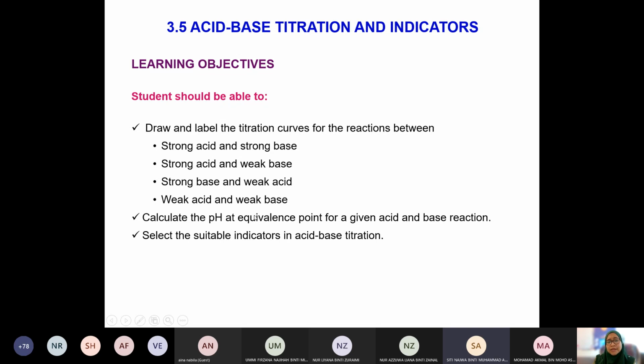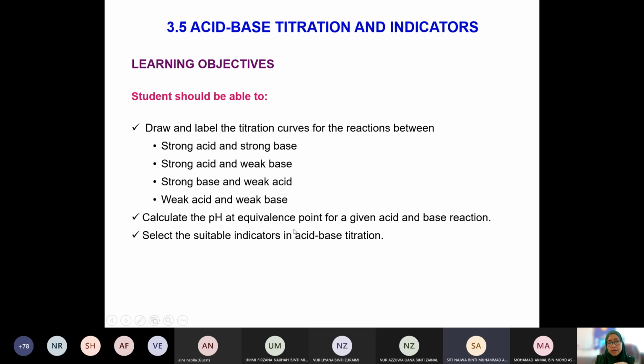Make sure that you know how to draw the titration curve. Then calculate the pH at the equivalent point. If you deal with acid and base, you must know how to calculate the pH at the end of the day. We have a point that is known as the equivalent point on the titration curve. There will be a graph later.